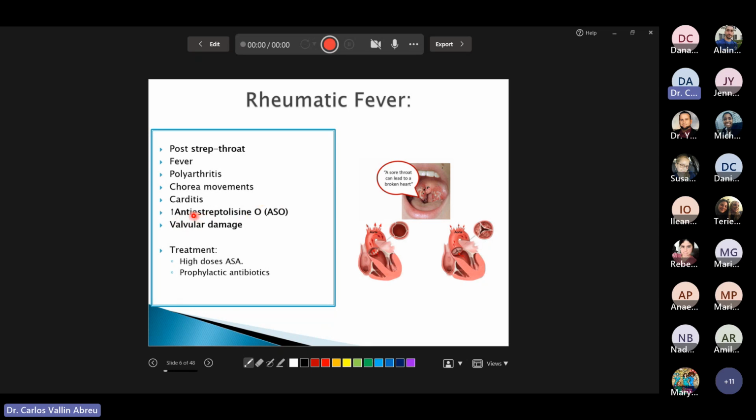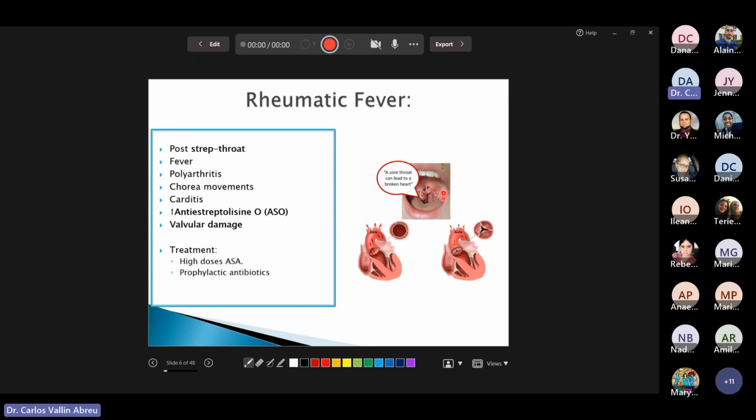If you have had a streptococcal infection recently, in the blood there are antibodies against a substance produced by the streptococcus, and it's called anti-streptolysin O. Remember, you don't need to write that, you only need to recognize this test as evidence of a recent streptococcal infection.